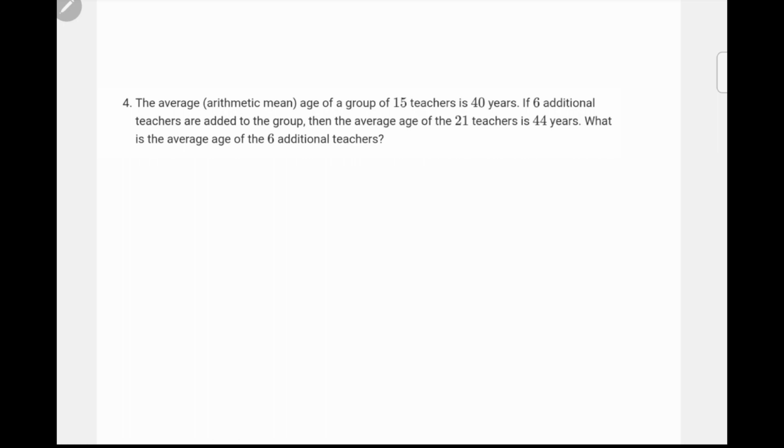So they're asking to find the average or the arithmetic mean age of a group of 15 teachers. So we call this N, the number of teachers. And their age average is 40 years. So we'll call this A.M. to refer to arithmetic mean.